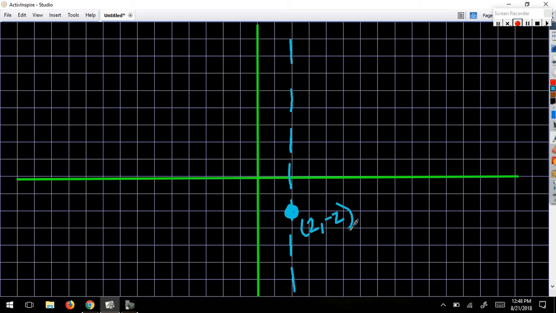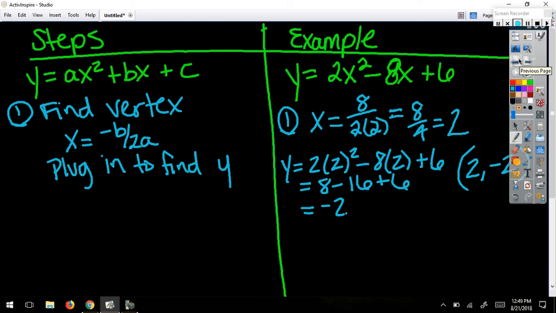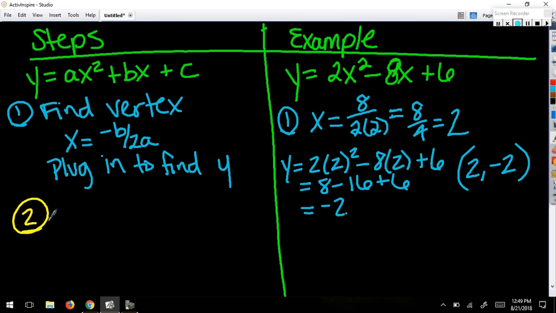So now a little bit of new part. I need another point. It really does not matter what point you use. I'm going to do a couple to show you. We need to find an easy point. I say that because you can pick any x that you want when you do this.